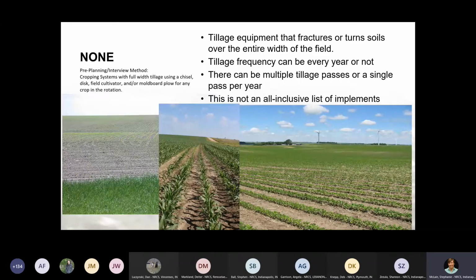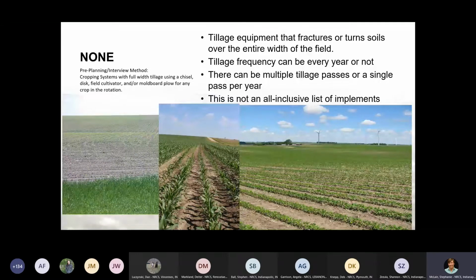Tillage equipment that fractures or turns over the entire width of the field. We see tillage frequency every year. And then we can potentially see multiple tillage passes or a single tillage pass, but we're seeing continued disturbance. And I do want to make clear that this is not an all-inclusive list of implements. So if someone's going to email me and say, well, what about this tool and what about that tool?